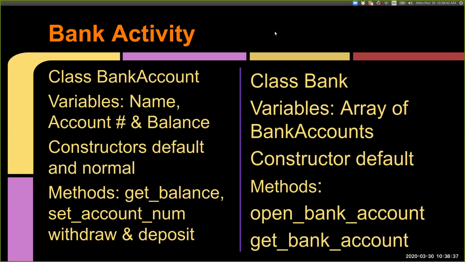Okay, so let's do bank activity. We have two classes here. We have our bank account and we have our bank. The idea being that a single bank has multiple bank accounts. And in this case, we don't know how to make variable arrays that are able to change sizes yet.